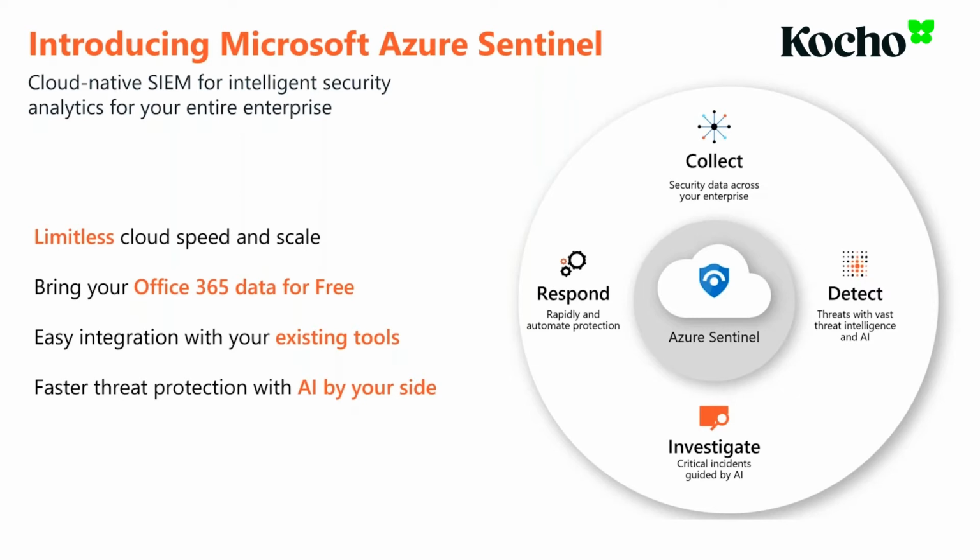Sentinel ingests this information, and that's the sort of licensing model. In fact, licensing model is completely incorrect because there's no license for Sentinel. It's based on an ingestion model. Good news is that we can take a number of feeds from the Microsoft platform that don't incur any charges. So things like Office 365 and Azure Active Directory feeds can be consumed without incurring any cost.